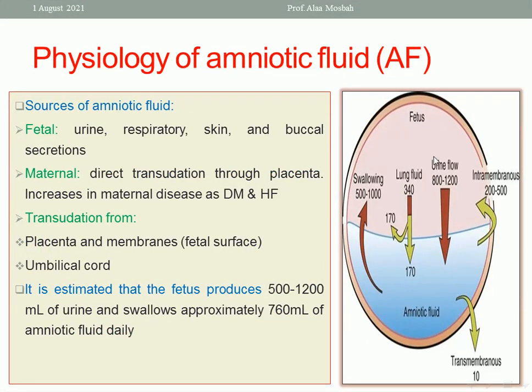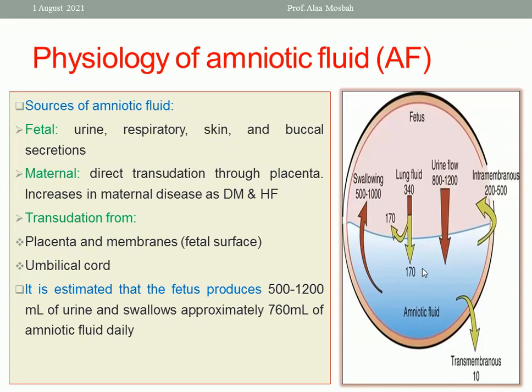So what is the source of this amniotic fluid? Maybe fetal or maternal. Fetal from excretion of urine through the kidneys of the baby, and the respiratory secretions, skin and buccal secretions, or maternal origin, direct transfer through the placenta.